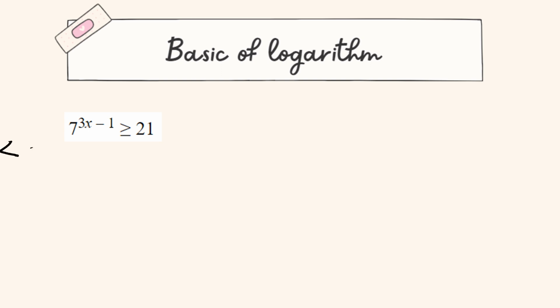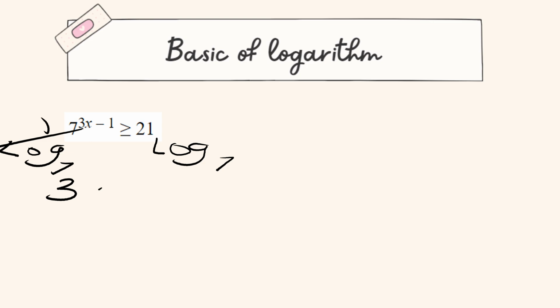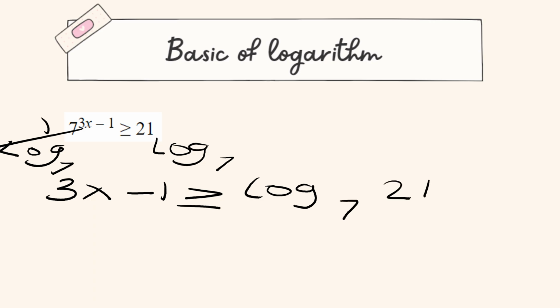So how to solve for x in this example? We will do log to the base of 7, which would give us 1 in this case, and we will do the same in here, log to the base of 7. So which would give us 3x minus 1 greater than or equal to log base of 7 of 21.